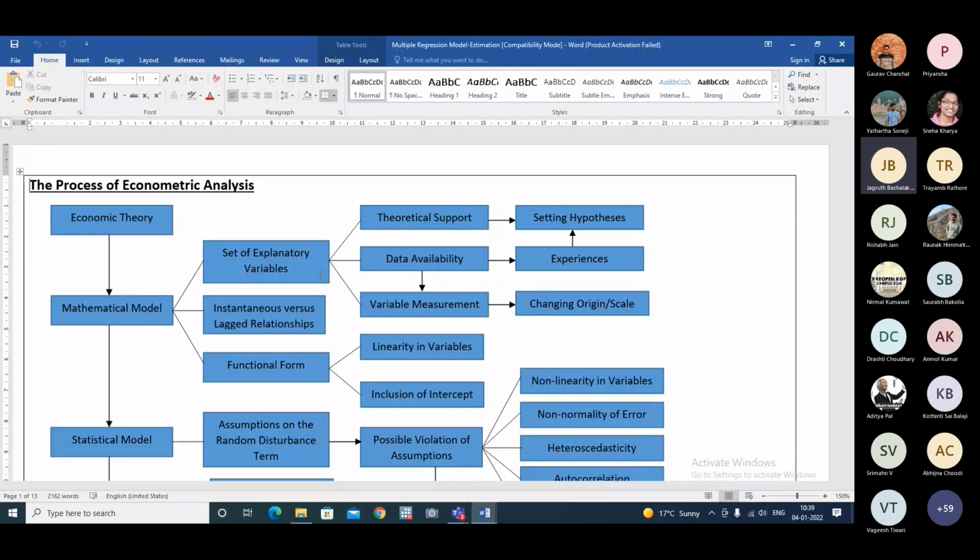And the third one is, of course, the functional form, as I discussed some time back. Whether the relationship is linear, or log linear, or quadratic, or cubic.